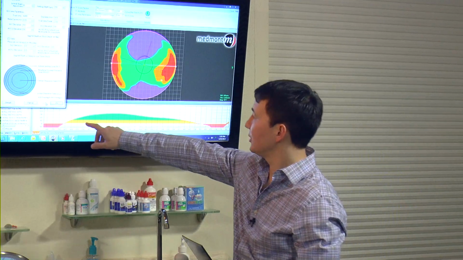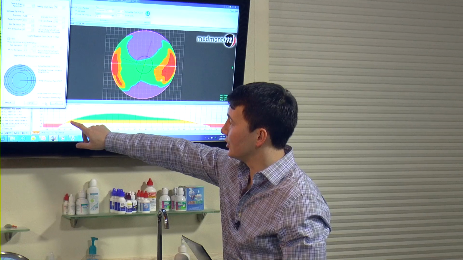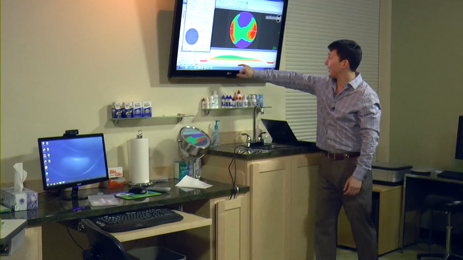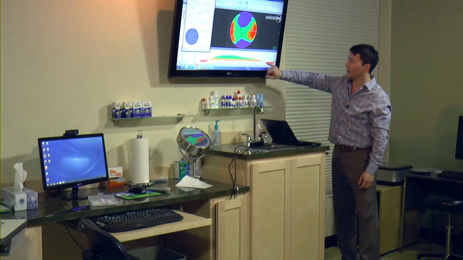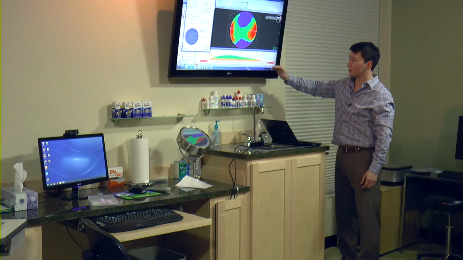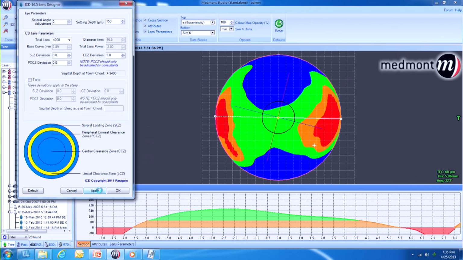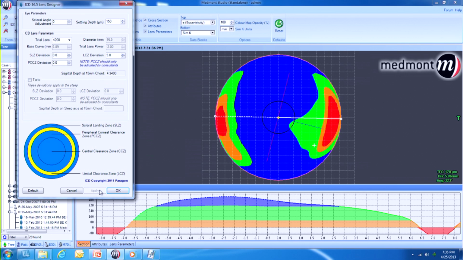And at 6 millimeters on this side, we've still got in the neighborhood of 80 microns. At 6 millimeters, at the limbus out here, we've actually bared in. So we might need to adjust these parameters in our custom order. So let's do that. Let's change the landing of the lens out there and vault this area up so it appropriately clears the limbus.